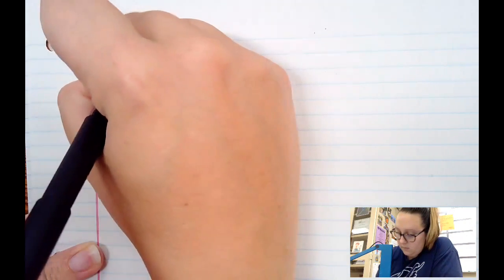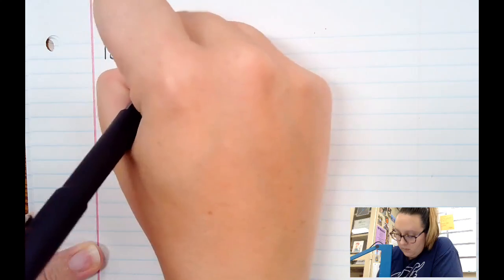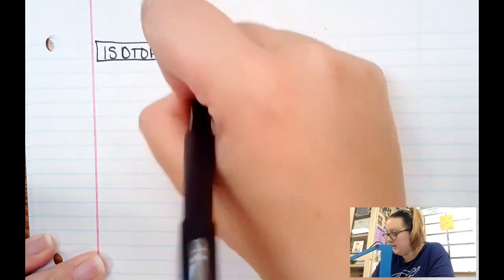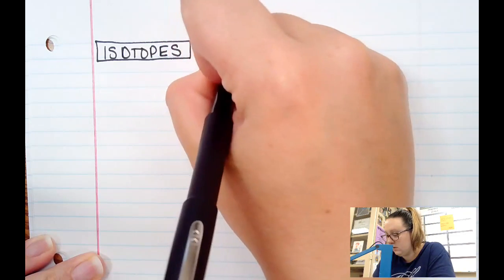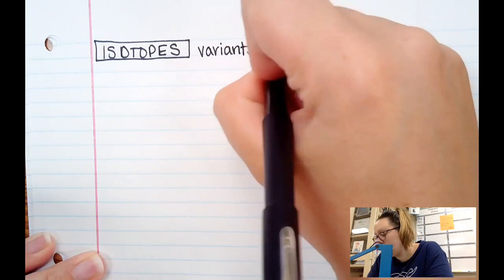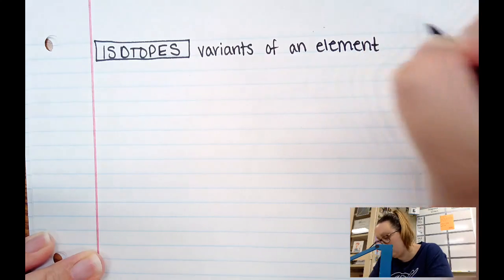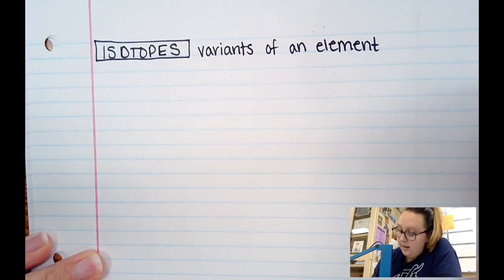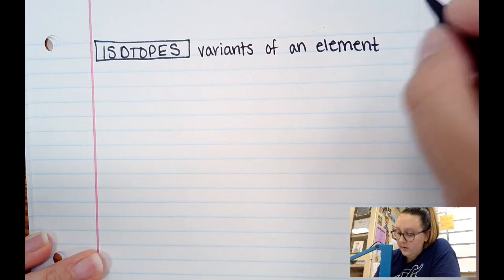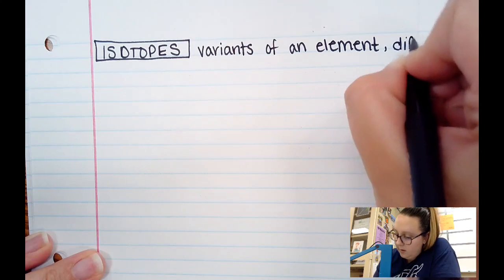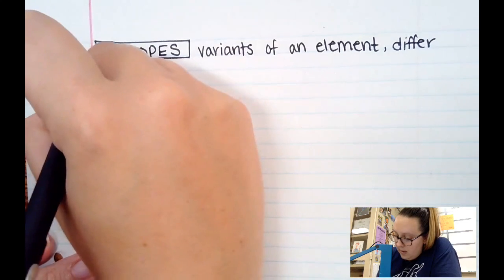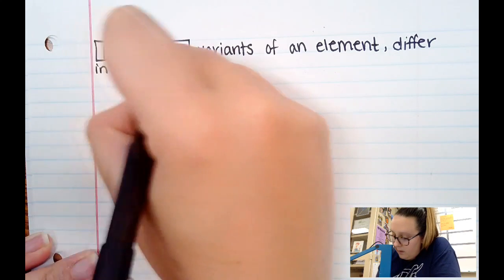All right, let's talk about something called isotopes. These are variants of an element, or different varieties of an element, and how they're different is they differ in number of neutrons.